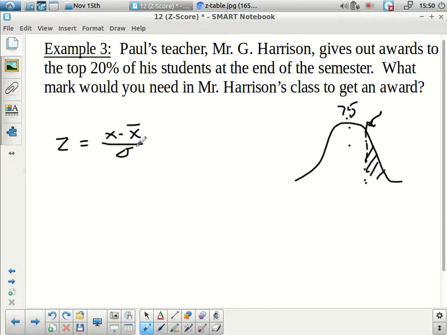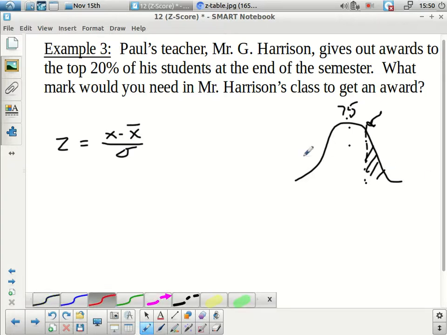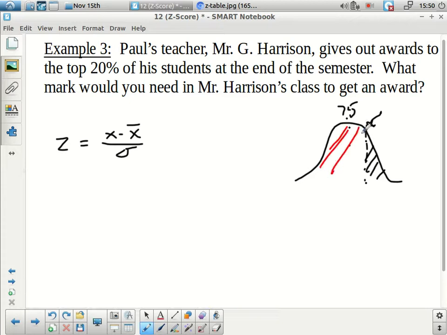Okay, but remember, the table doesn't tell us what's above, it tells us what's below. So equivalently, I'm really asking at what point am I better than 80% of the data? What Z-score is at least 80%?